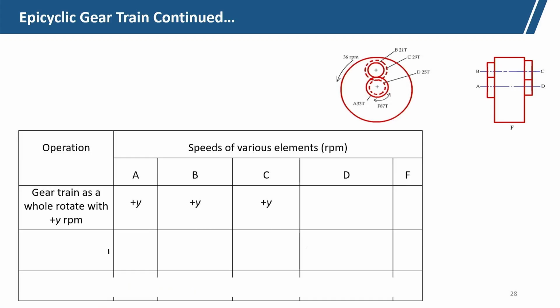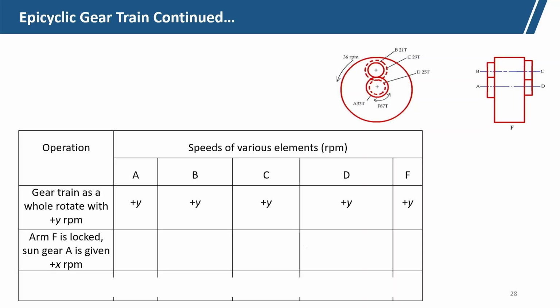So A is rotating at plus y rpm, B is also rotating at plus y rpm, and similarly C and D, because F is the arm, where we are giving the speed. Now, we are locking the arm and making everything else free. If the arm is locked, the sun gear rotates at speed x.